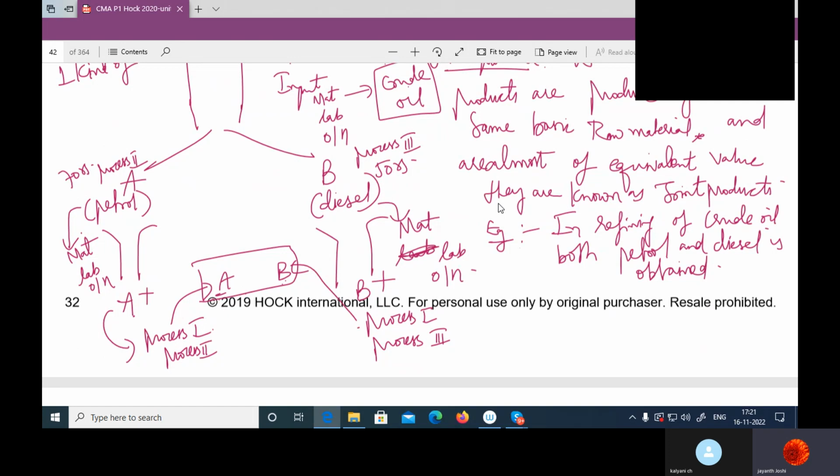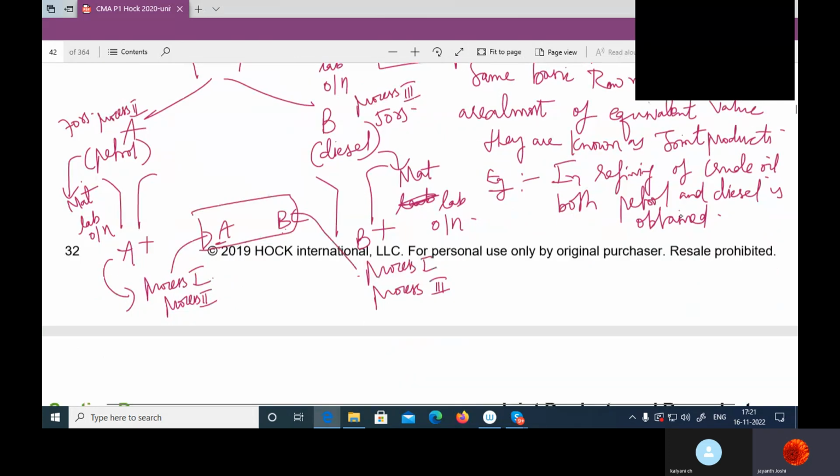Let's say I am producing the main product and selling it at 100 rupees per kg. The byproduct which is getting produced in this process, I'm not producing it. It is getting produced by itself, because if I have to produce the main product, that product would ultimately get produced.